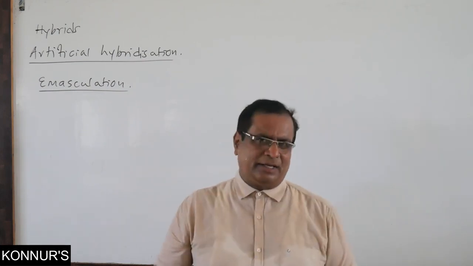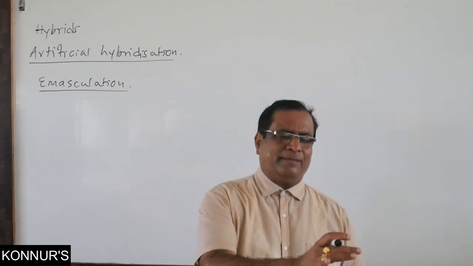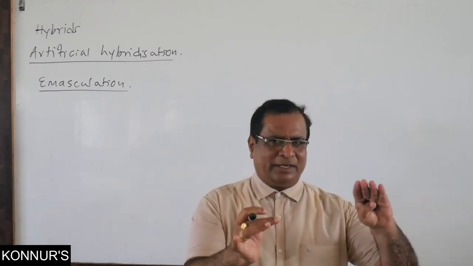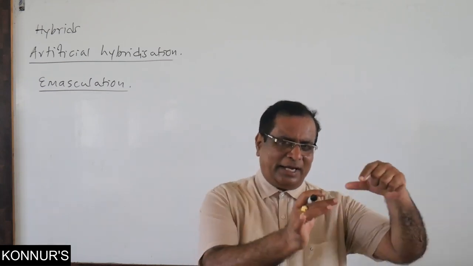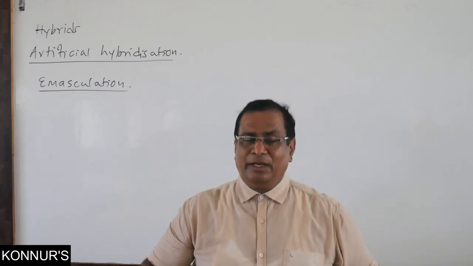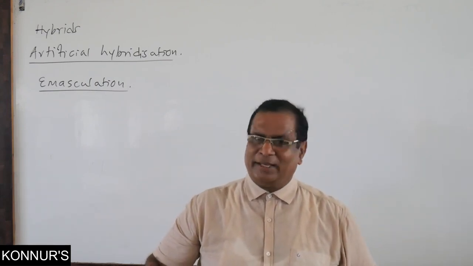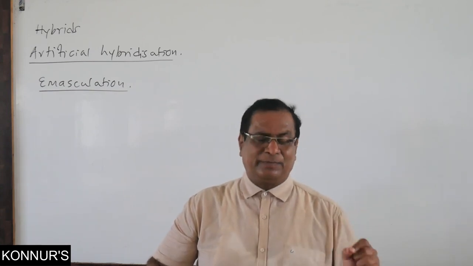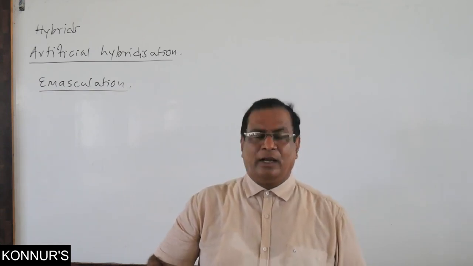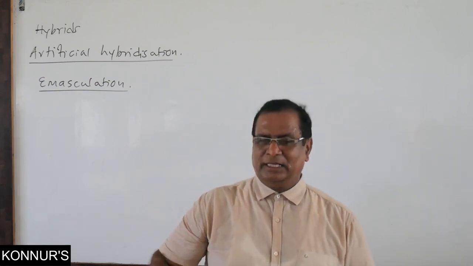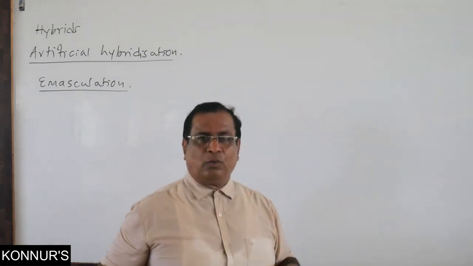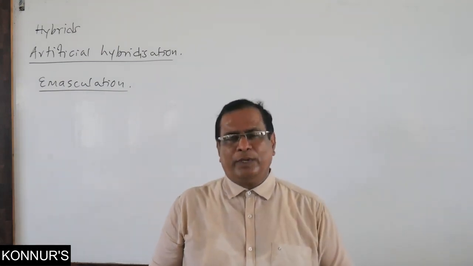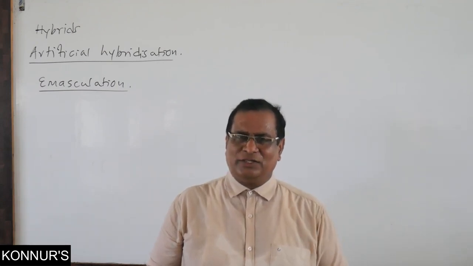Those pollen grains are taken and the already bagged female flower has its bag removed. Pollen grains are dusted over it and rebagging is done. Once the stigma accepts those pollen grains and pollination takes place, the pollen tube will develop and enter the ovule and fertilization is achieved.